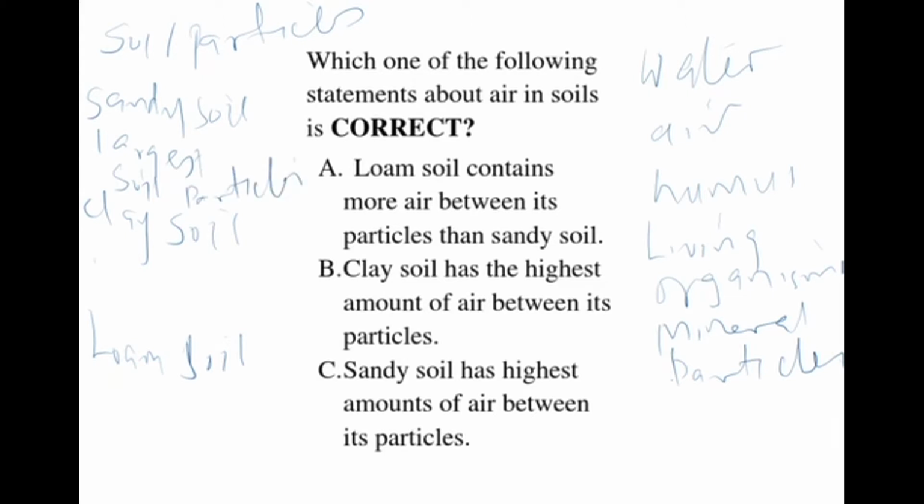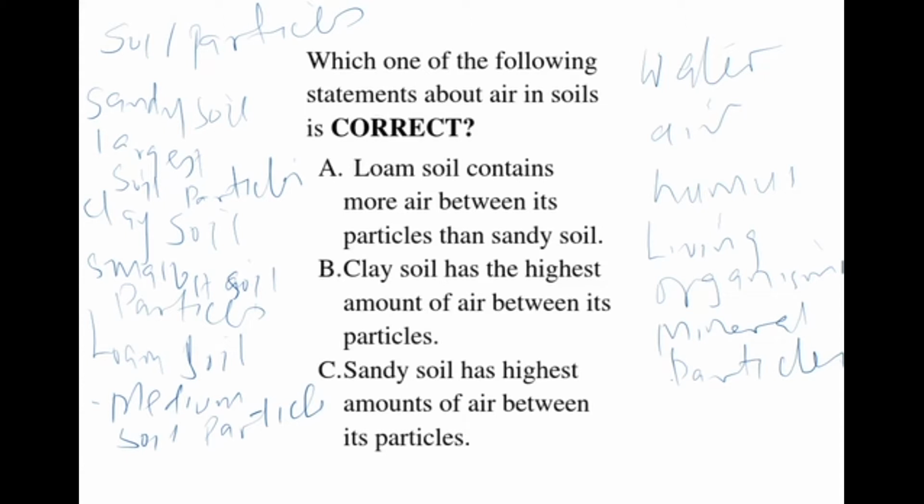Clay soil has the smallest soil particles, and loam soil has medium soil particles. So the larger the soil particles, the larger the amount of air that is held in that soil. That means that the sandy soil has the largest air amount, followed by loam, and then finally clay.